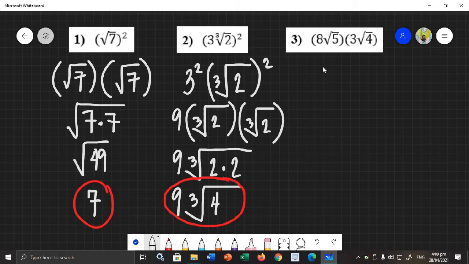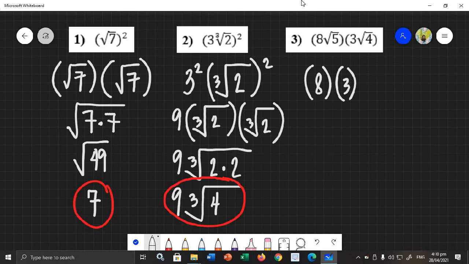Then the next one, we have 8 square root of 5 times 3 square root of 4. Here, you need to multiply separately the numerical coefficients, so we multiply 8 and 3.